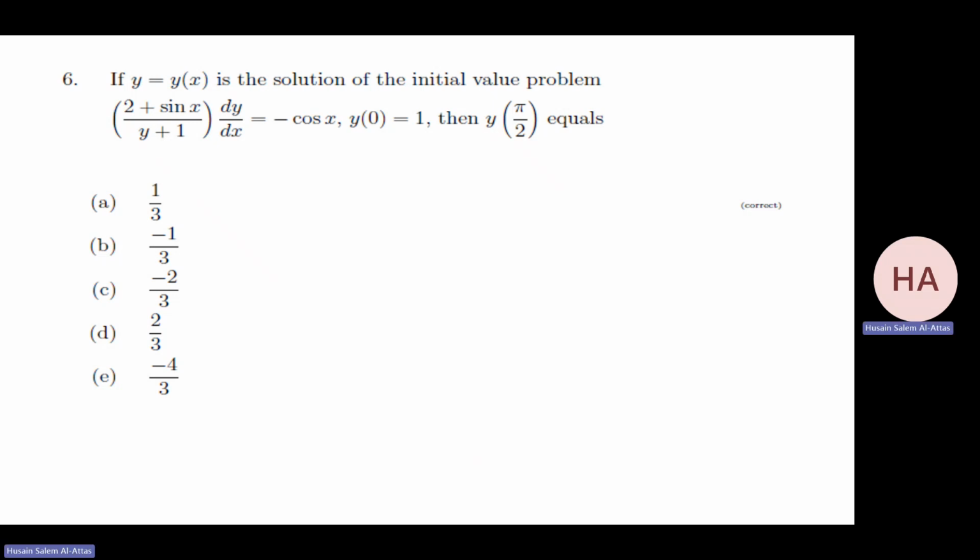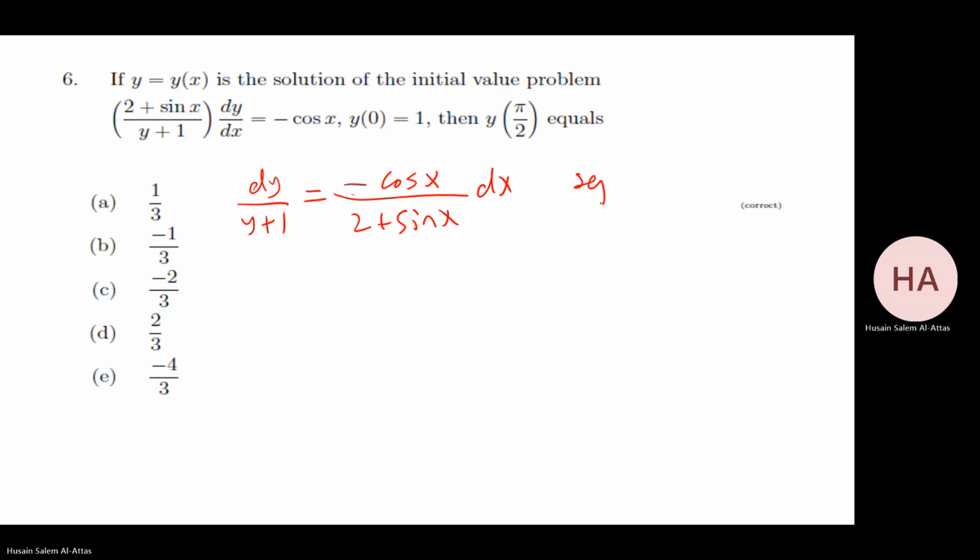Yeah, I missed this one, but we'll do it later. It seems to be difficult, but it's an easy one. Here I have dy over y plus 1, this is the y part, equals minus cosine x over 2 plus sine x dx. Very clear. Now it's separable.